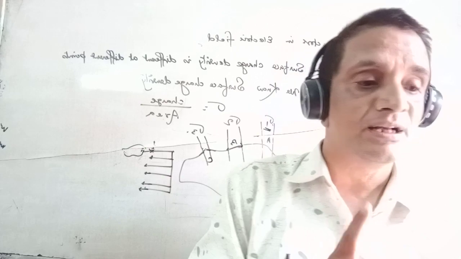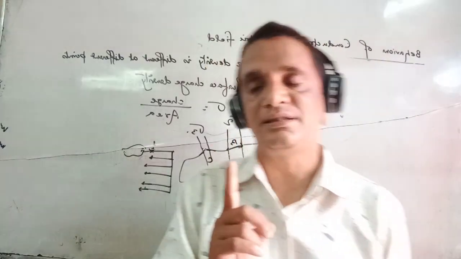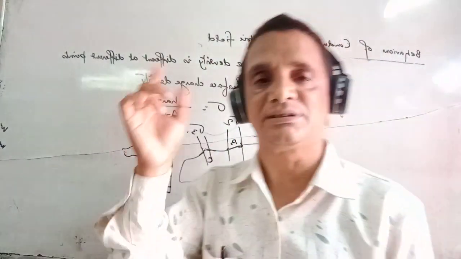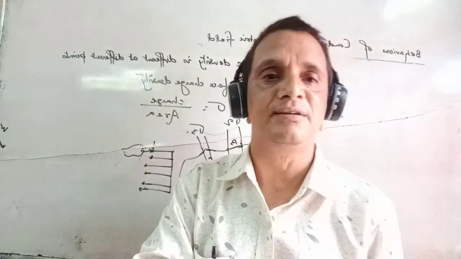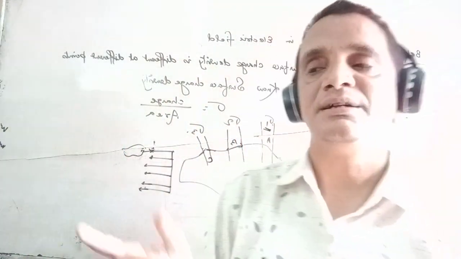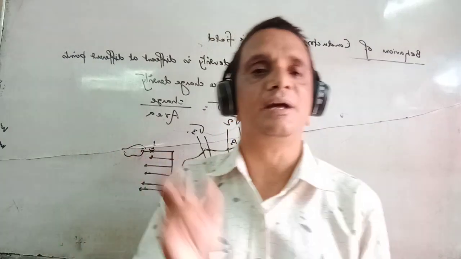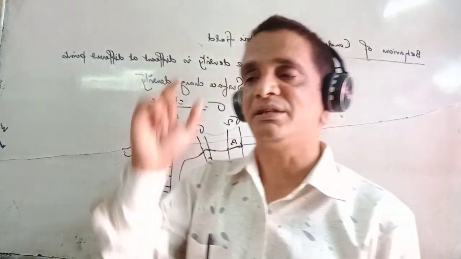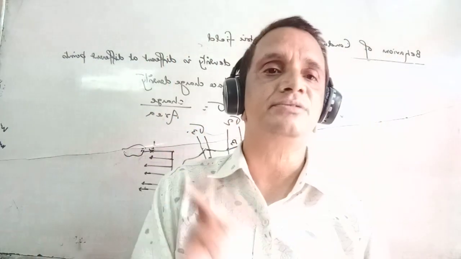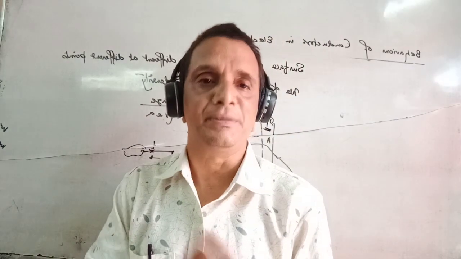Sixth point: the electric field intensity is given by E equals sigma by epsilon naught into n cap. That means the electric field intensity depends upon the charge density and also upon the permittivity of the medium.